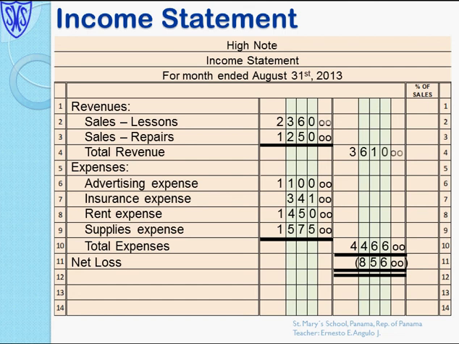To complete the income statement, we use this column here with the percentage. In this case, the 100% is the total revenue, and we are going to compare the total expenses. You will also, if you like, compare each one of the individual expenses against the total revenue that we have.